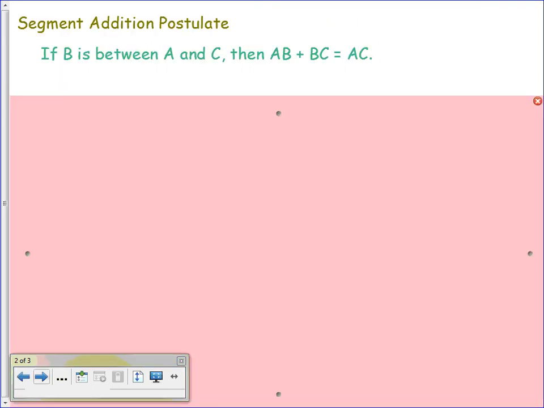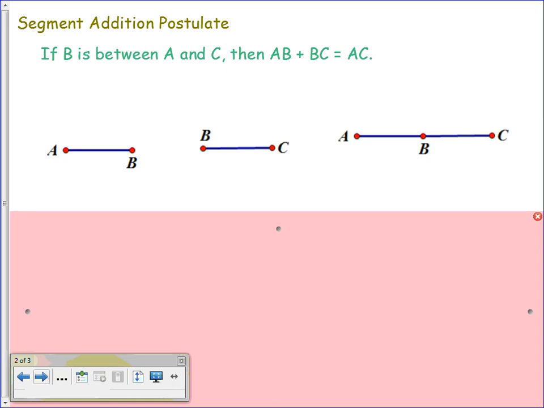Our segment addition postulate, this is pretty straightforward to use. It reads that if B is between A and C, then AB plus BC equals AC. What this looks like. If I have a segment and I add another segment to it, as long as you have the same point.